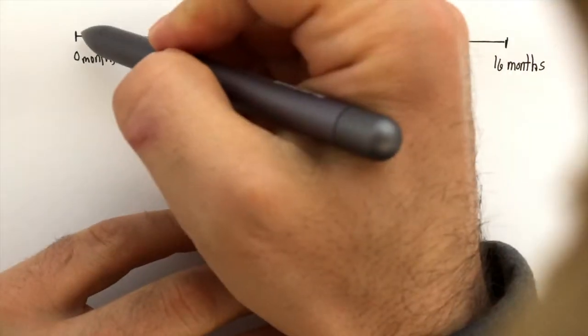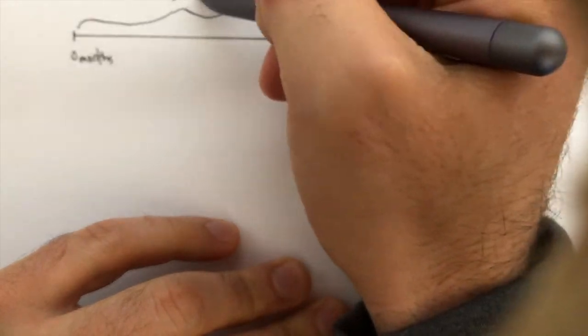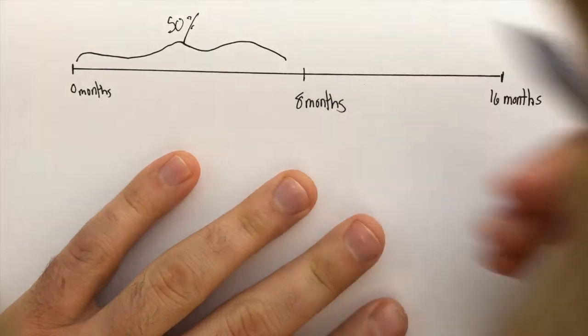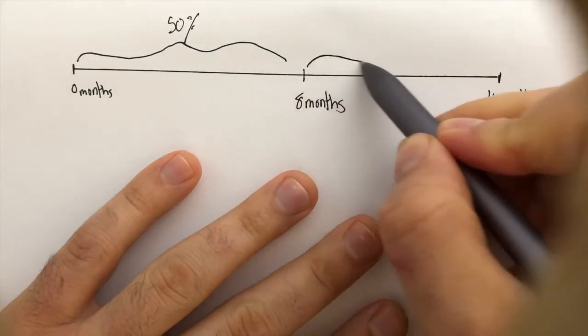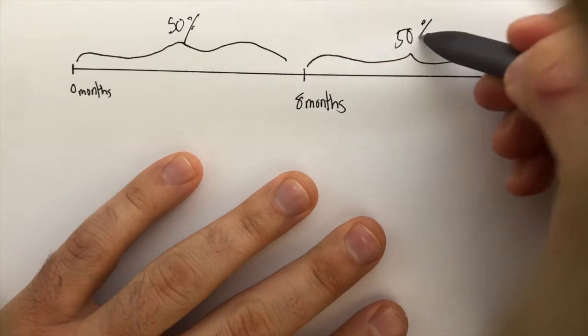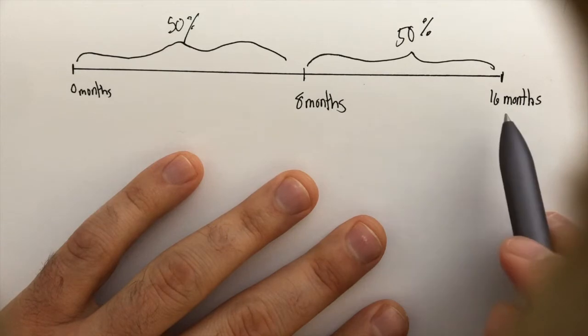They say, all right, 50% of the people die within the first 8 months, and then they might assume, and this is actually the false assumption, that 50% of the people die in the next 8 months, making it 16 months.